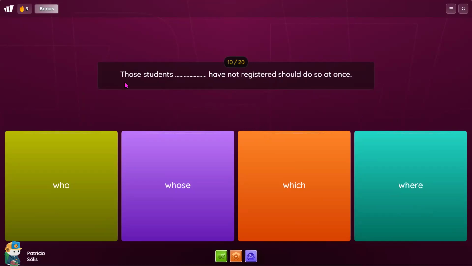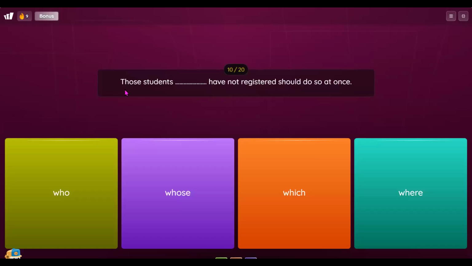Please, my dear Elena, read and complete. Those students have not registered should do so at once. Students. It is who, whose, which, where.